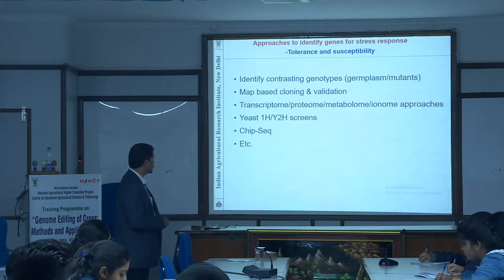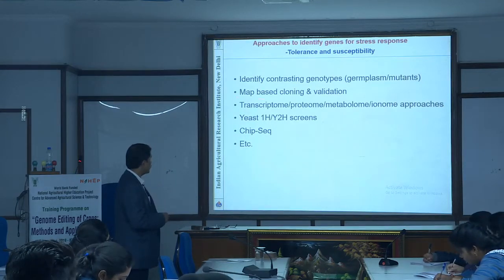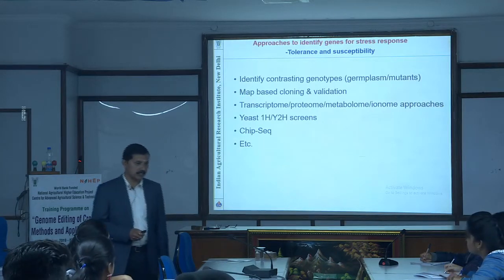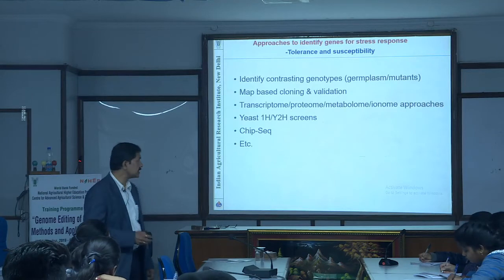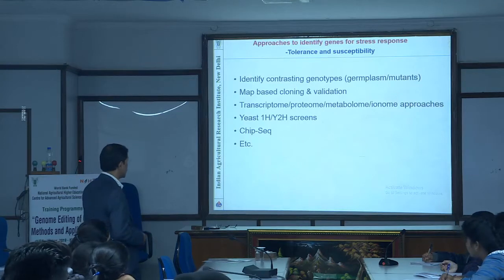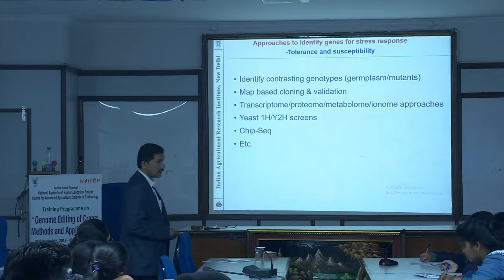There are several approaches. Often these approaches have led to identification of many genes that are involved in stress tolerance. Recently we see a lot of approaches like transcriptome, proteome, metabolome and ionome.